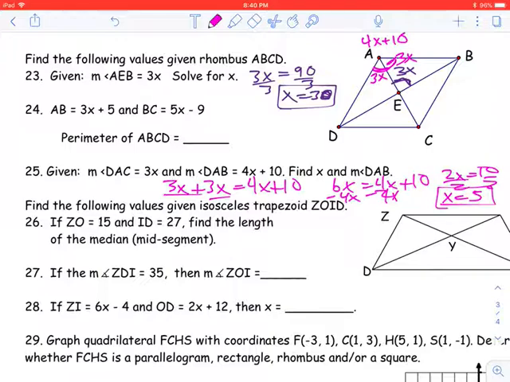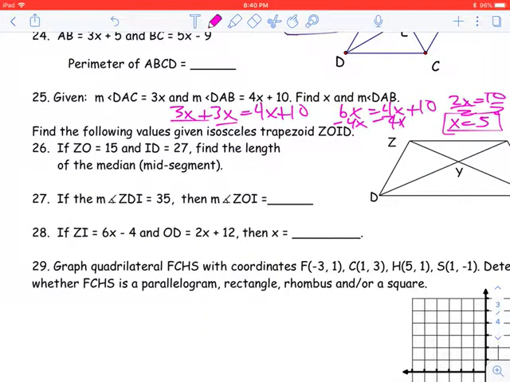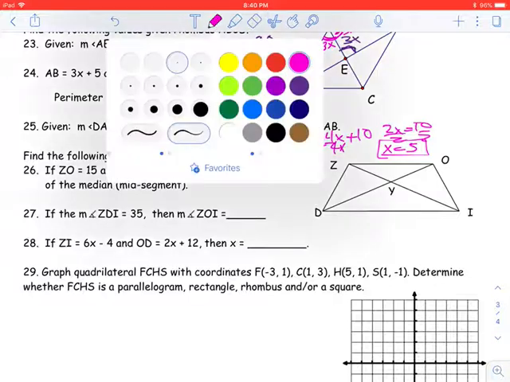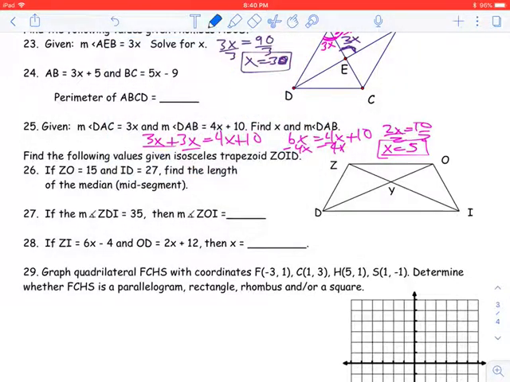And the last two, number 27. This is an isosceles trapezoid, which means these two sides are congruent. It says ZDI, so this angle here is 35, which means this is also 35.